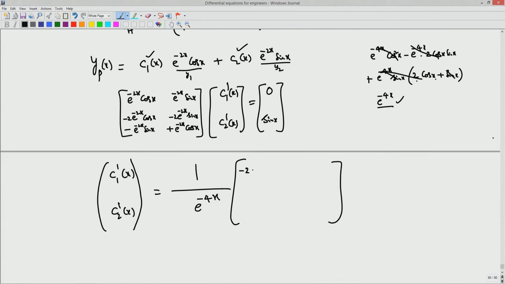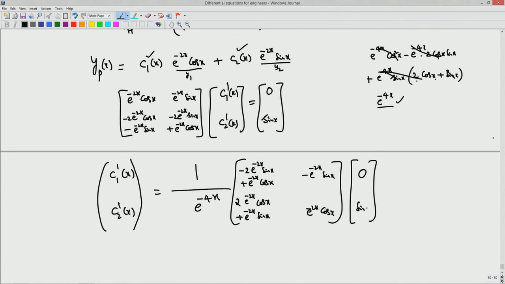Okay. 1 by determinant of this, and then you simply take the determinant. So, minus 2 e power minus 2x sin x plus e power minus 2x cos x and e power minus 2x cos x and minus e power minus 2x sin x, minus minus plus. So, it is going to be 2 e power minus 2x cos x plus e power minus 2x sin x. This is the inverse of this matrix into 0 sin x.